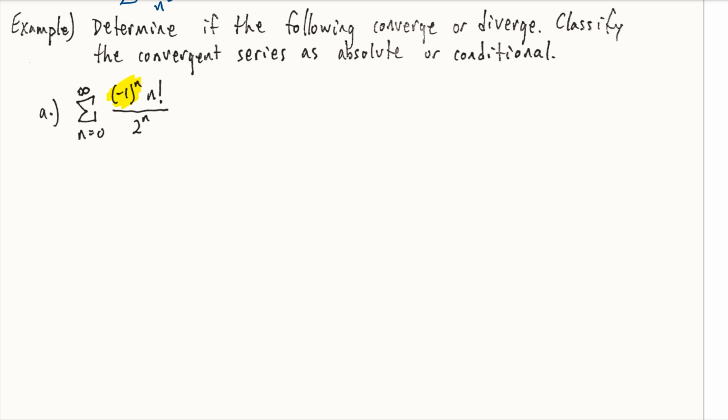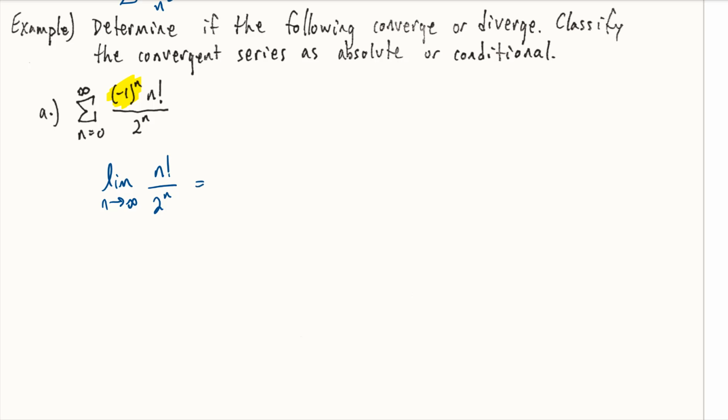So let's check. The limit as n goes to infinity of n factorial over 2 to the n. Well, we don't know how to do the derivative of n factorial, but I don't know that we need to.